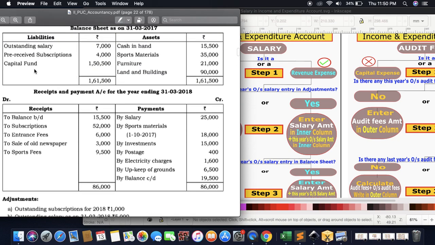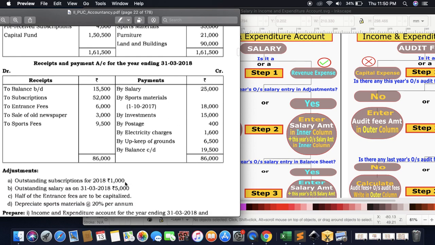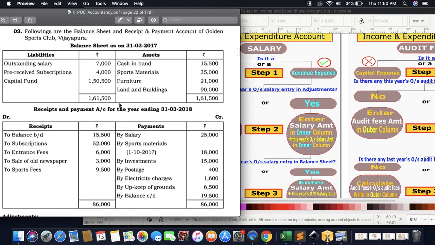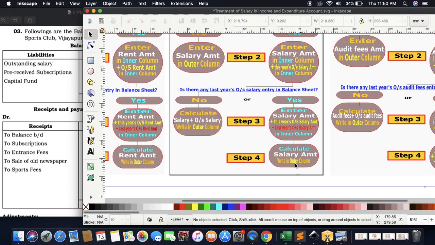And then you go up and see if there is an outstanding salary for the previous year. Yes, there is 7,000. So 25,000 plus 5,000, that's 30,000, minus this 7,000, that is 23,000. And that is what you're supposed to write in the outer column.